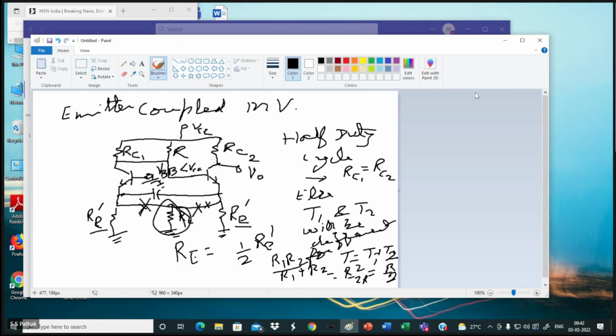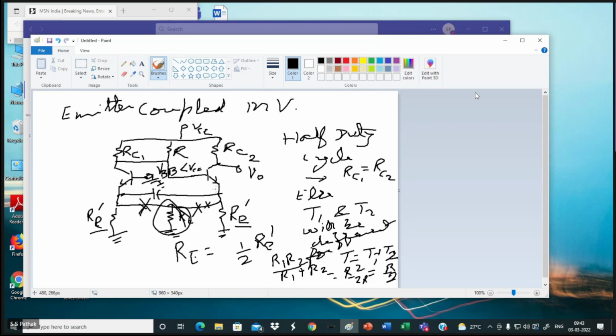So VCC minus this voltage V0 divided by RC is the current which was flowing through this. It was flowing through this RE. It was charging the capacitor through this going to the ground. So it was having two paths. One is going like this, one was coming like this. So when it was on, it was low, it was charging by this path.